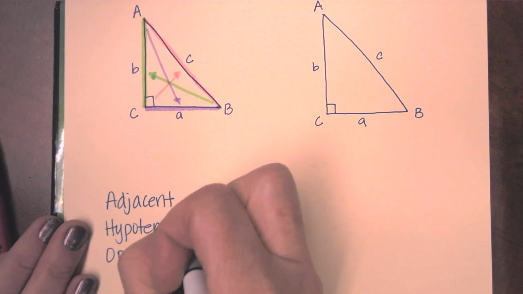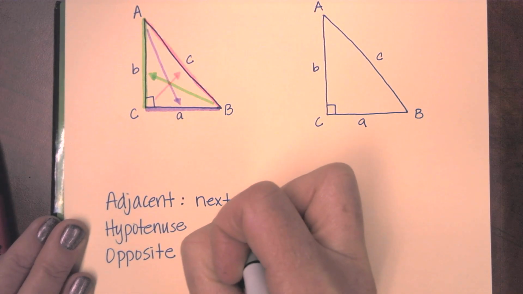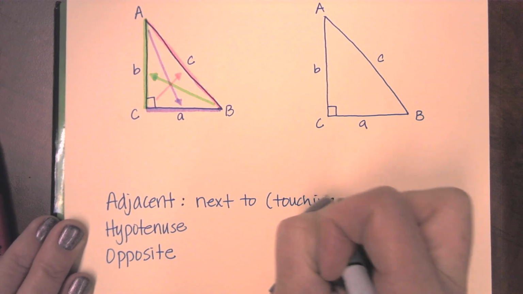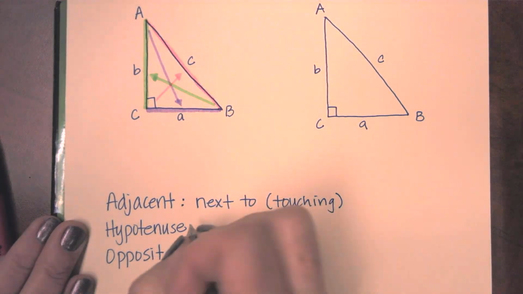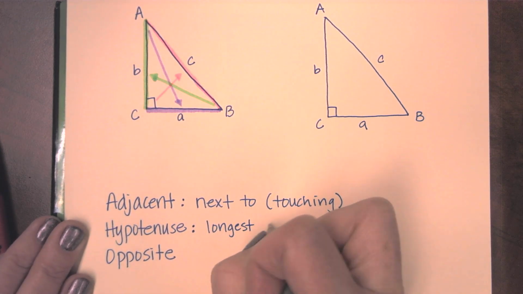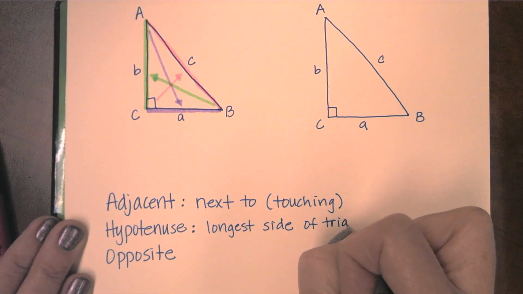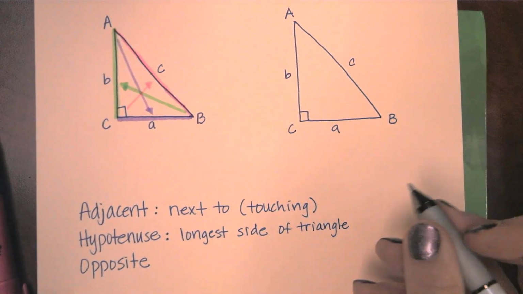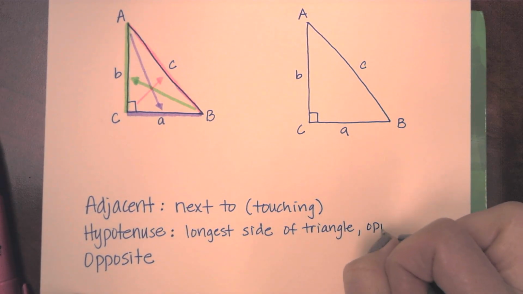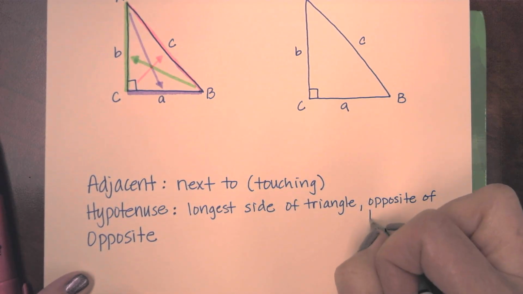Notice that adjacent means next to. It'll actually be touching. Our hypotenuse is the longest side of the triangle, and it is always going to be opposite the right angle.